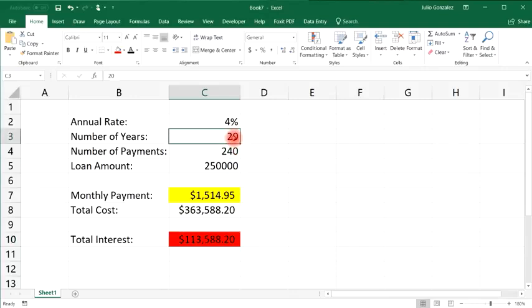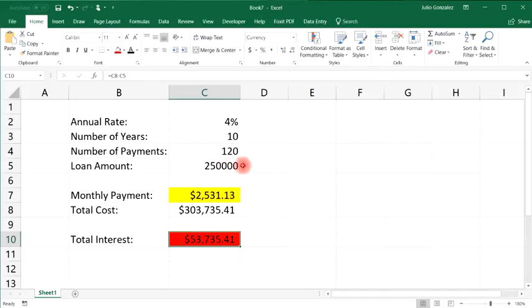Now let's bring it down from 20 years to 10 years. So notice that the total interest that you'll be paying is a lot less, $53,000. And so by negotiating for a better interest rate, trying to bring it down, and also paying off the loan quickly, you can reduce the total interest that you're going to pay for this house.